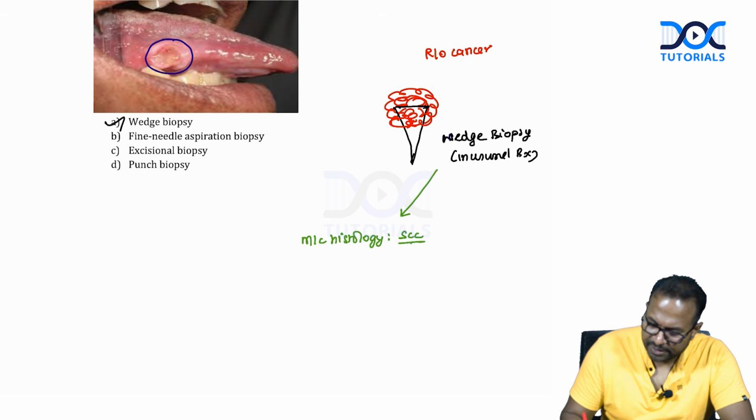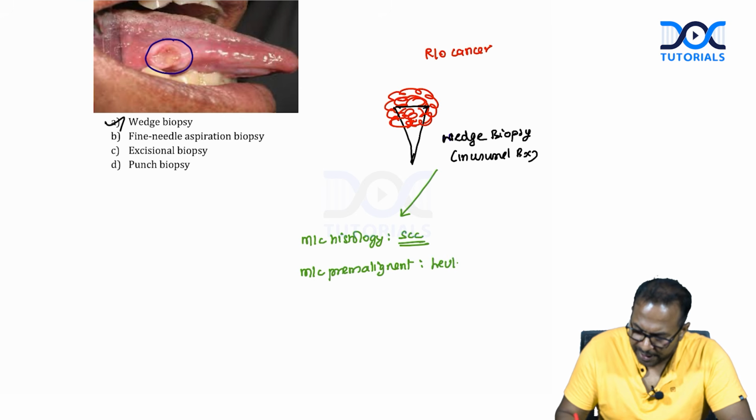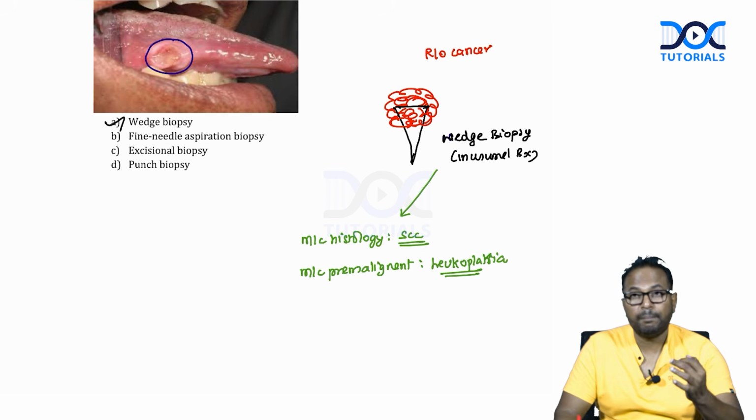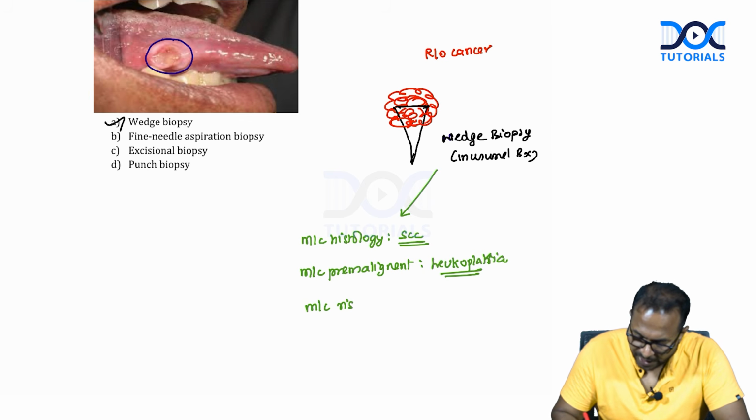squamous cell cancer. It is the most common histology, and the most common pre-malignant lesion is leukoplakia. A white patch which cannot be rubbed out is called leukoplakia. A white patch in the mouth which cannot be rubbed out is the most common pre-malignant lesion, and the most common risk factor of oral cancer is tobacco in any form.